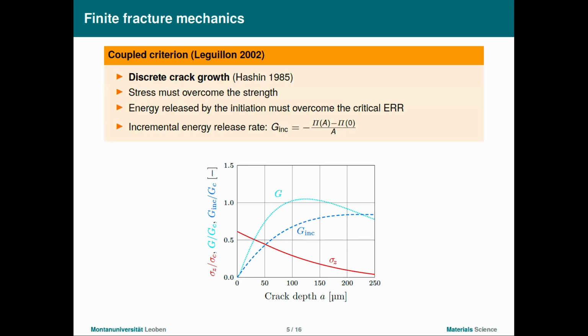And at the same time, if you want to initiate this crack, you want to grow something, you need to fulfill the energy criterion. But we don't now use the energy release rate in the classical sense, which is the tangent of the potential energy, but we use the potential energy before the crack initiated and the potential energy of the whole system, not at the crack tip after the crack initiates.